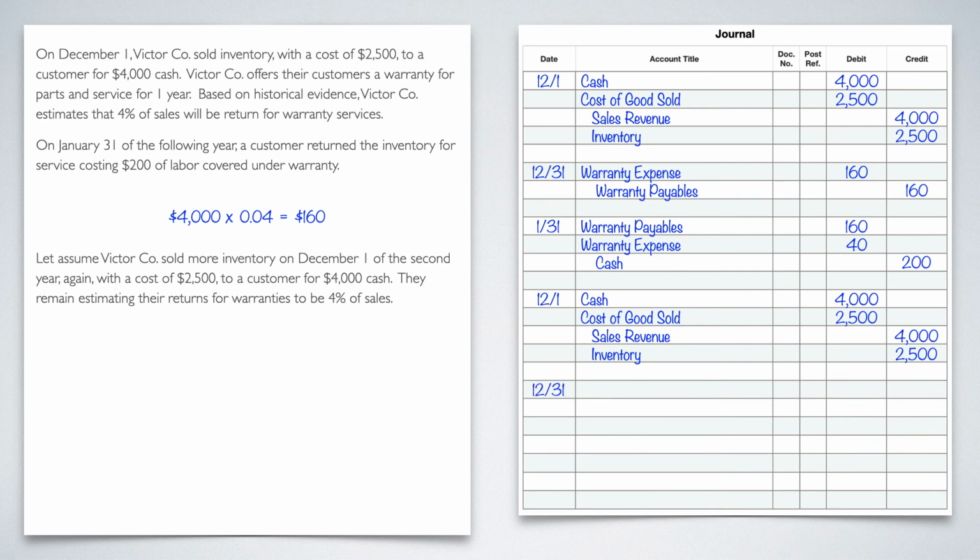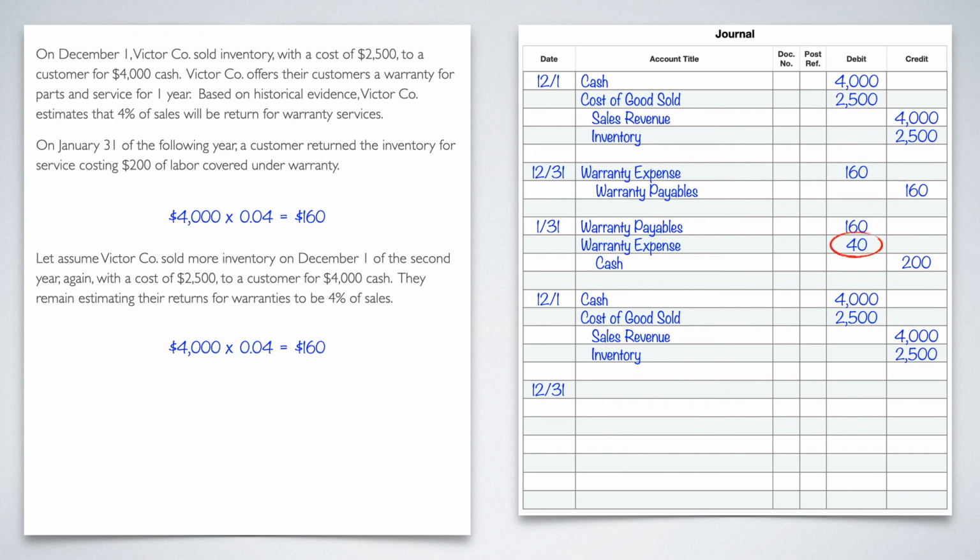Then we get to our 12/31 adjustment of the second year. So we need to do another calculation. Again, this year we sold $4,000 in revenue times the 0.04 gives us 160. Now pause here, because that 160 is what we need to expense in warranties for the year. However, on 12/31 of the second year, we have already got expenses. If you look, we have 40 already in expense.